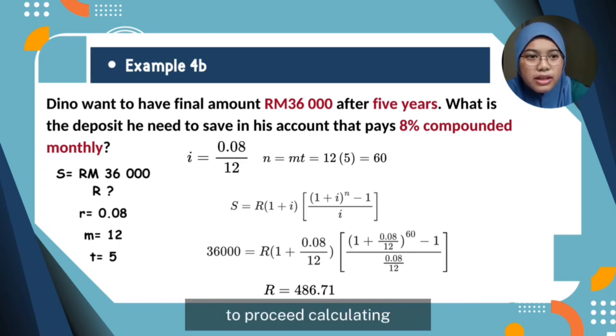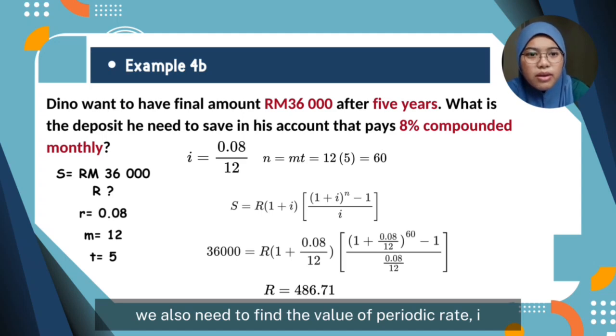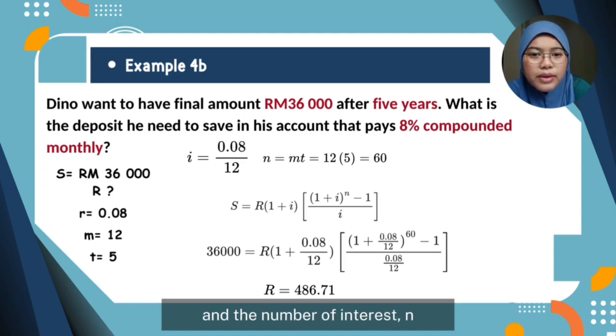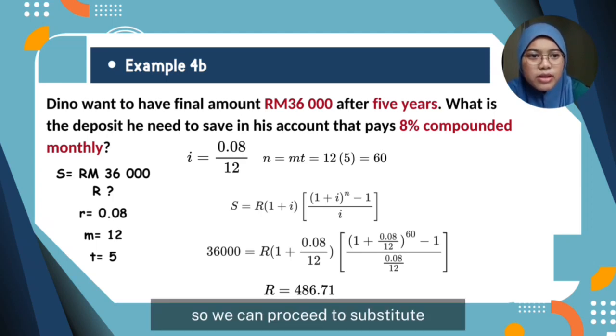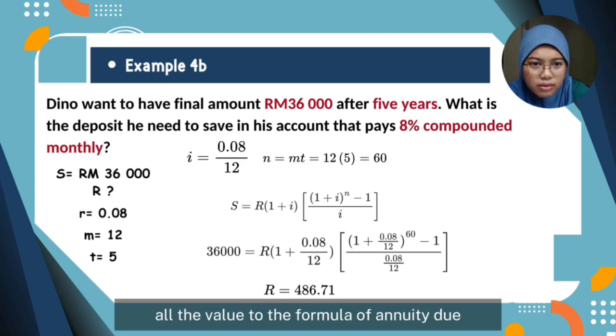To proceed calculating, we also need to find the value of the interest rate I and the number of periods N. To find I, we use formula r over M, then find N by M times T. So the I is 0.08 over 12 and N is 60. After finding all the values, we can proceed to substitute all the values to the formula of annuity due.